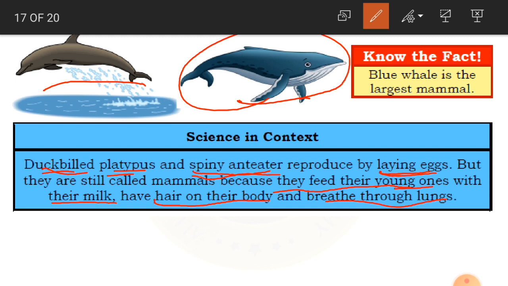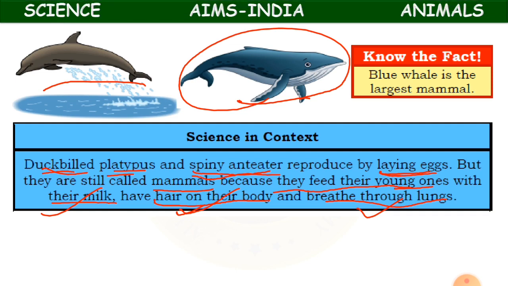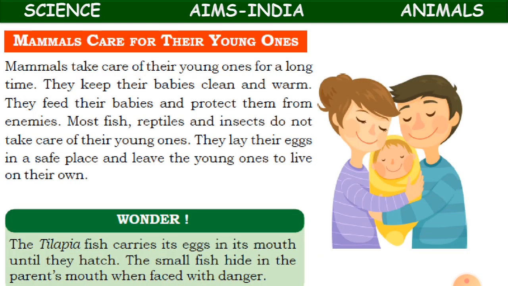Because they have these other features, they are called mammals. Clear, children? Understood? Okay.